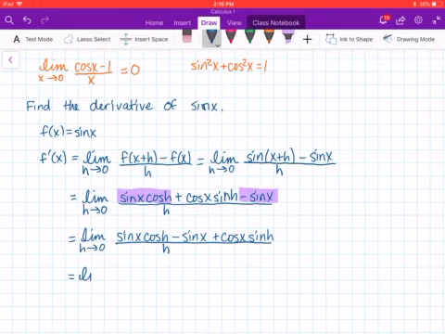Now what I want to do is let's factor out a sine x from the first two terms. So I'm left with cosine h, and then when I factor sine x out of the second term, we just have a minus 1 left over. And then we have our third term that's kind of along for the ride for the moment.